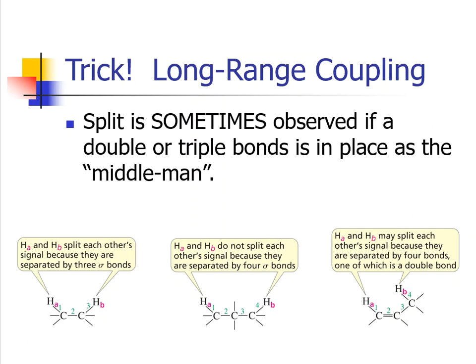The problem here, though, is that we have another little tricky thing that goes on. With all of the splitting, every time that we've talked about splitting in the past few videos, we talked about neighboring carbons, right? So this carbon has a hydrogen on it, and next door to that is a carbon with at least 1 hydrogen on it. So these do split each other's signals.